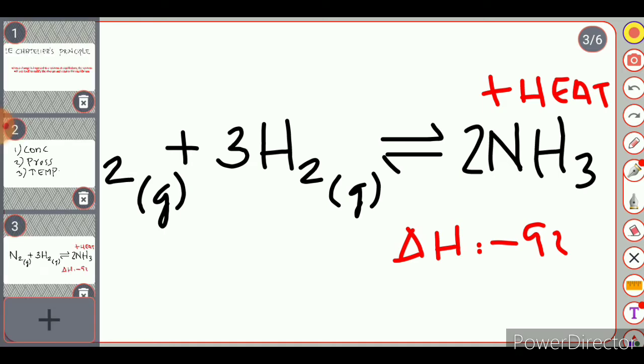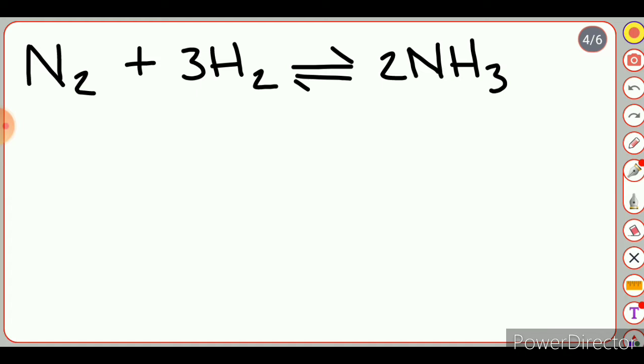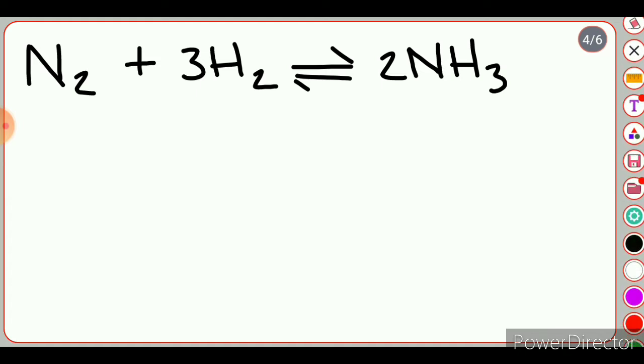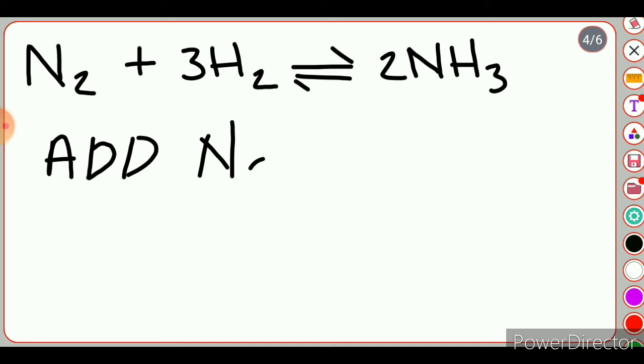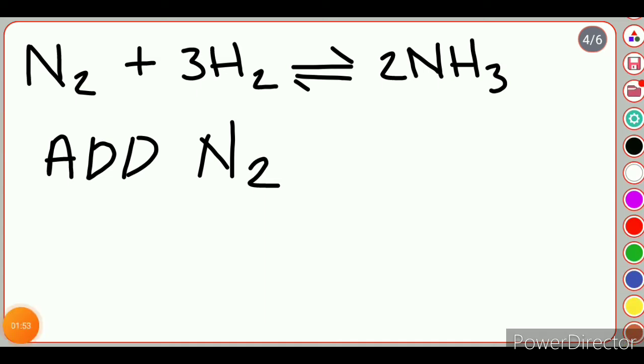So for that, first of all I am going to make a change in the concentration of this reaction. First we are going to add more N2 to the system. Adding more N2 means we are increasing the concentration of the reactant.